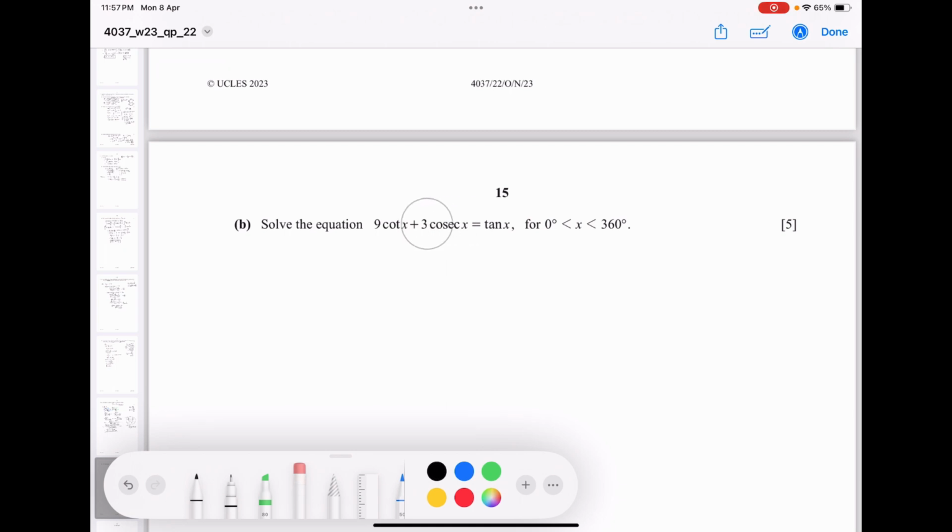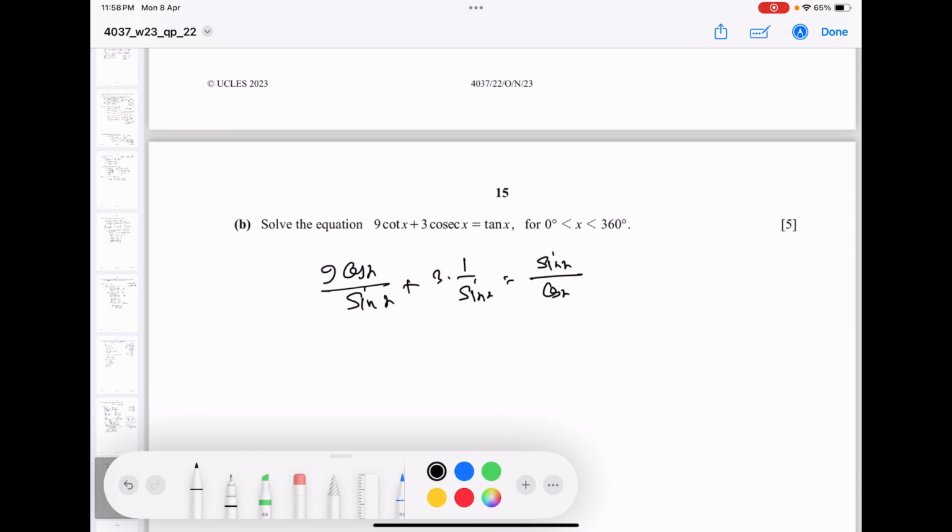Next: 9 cot x plus 3 cosec x equals 10 tan x. The range, the domain, is given 0 to 360. Now let me write 9 cos x by sin x plus 3 cosec x, which is 1 by sin x. Similarly we can write 10 tan x as 10 sin x by cos x.